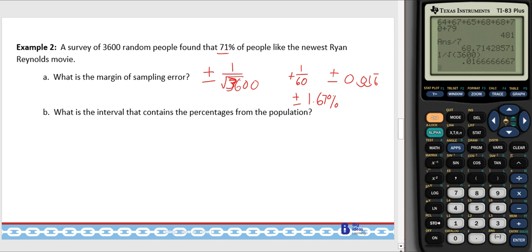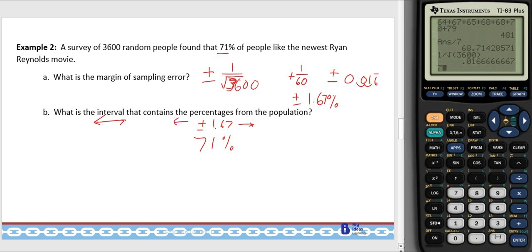Right, and then this interval would be the range that contains the valid responses. So we would take that 71% that said, yes, we like that new movie, and then we would go the plus or minus 1.67 from that in both directions. That's what that interval is going to be.